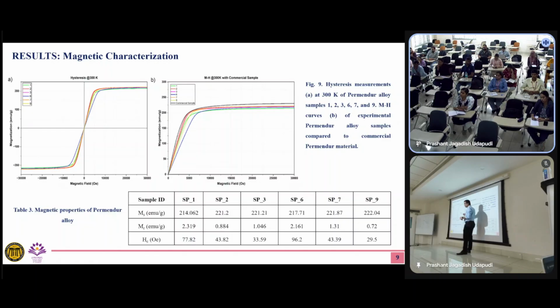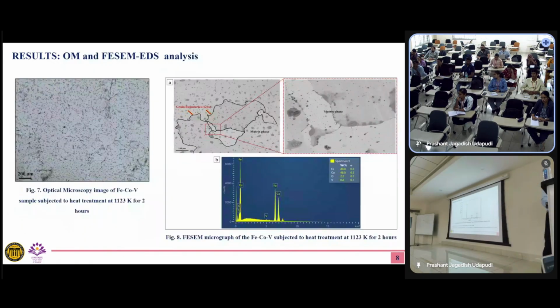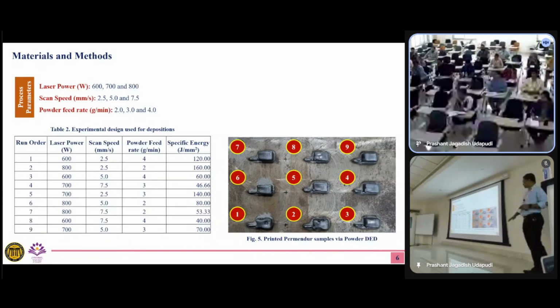But the blue one did not, it has lower slope, meaning lower relative permeability. So we should not be using these parameters. Blue corresponds to sample number 6. Sample number 6 had these parameters.